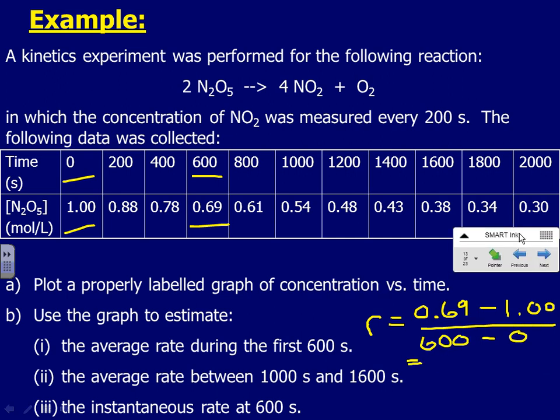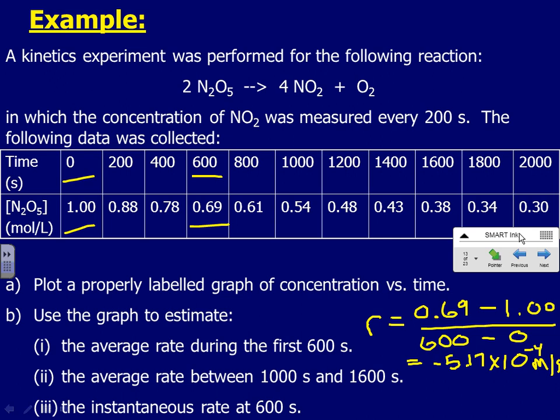If someone could do that calculation for me, that would be great. Negative 5.17 times 10 to the negative 4, and that is going to be molarity per second.